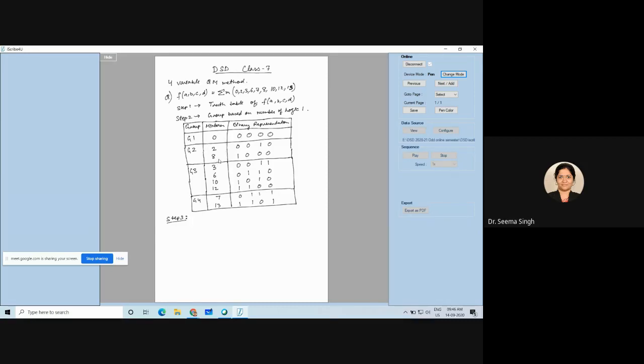That is pairing between group 1 and group 2. Pairing between group 2 and group 3, how many will come? 2 to 3, 2 to 6, 2 to 10, 2 to 12. Same way, 8 to 3, 8 to 6, 8 to 10, 8 to 12.